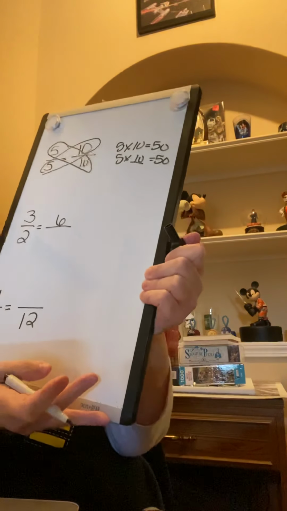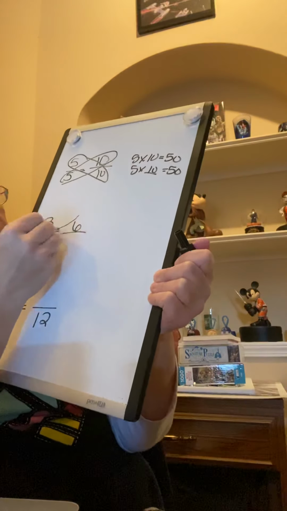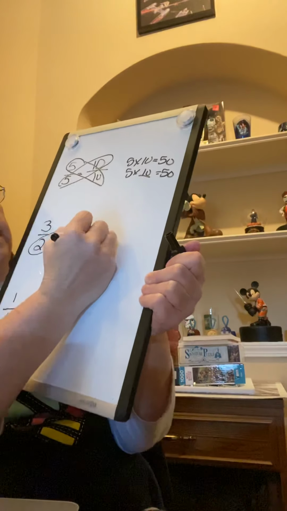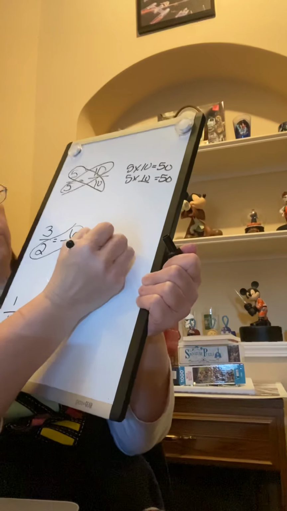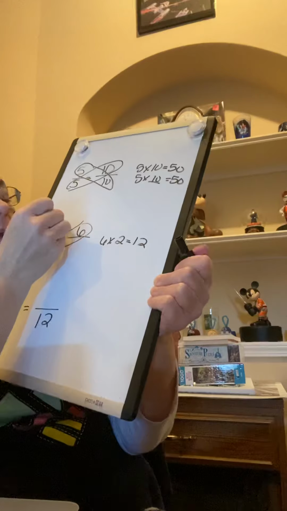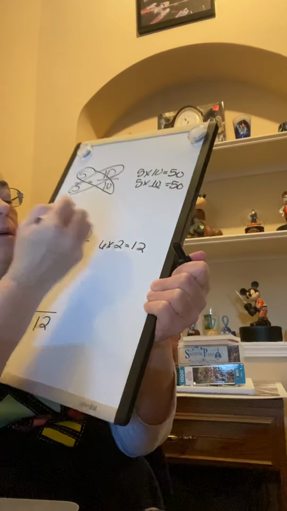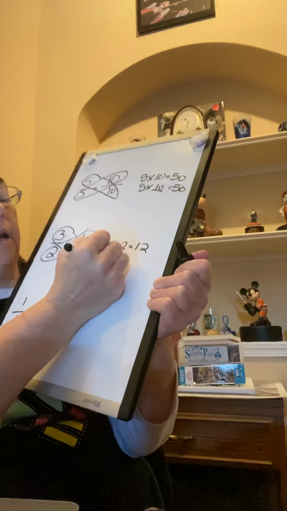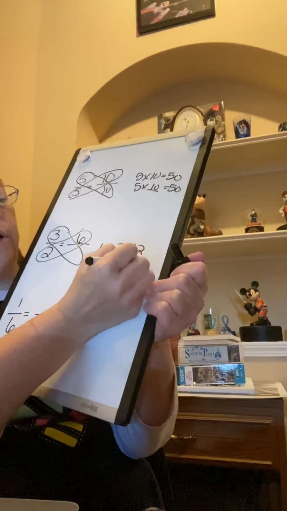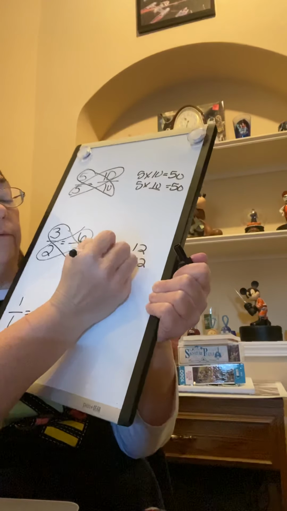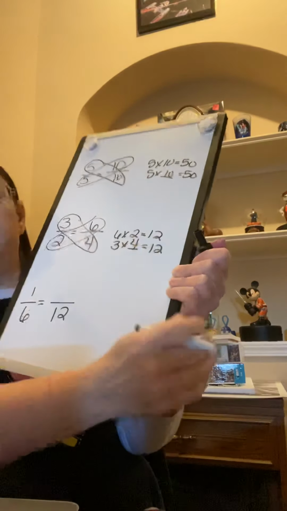All right, number 6. I butterfly this way. So this is 6 times 2 equals 12. And then I butterfly this way. And this is 3 times blank equals 12. 3 times 4. So 4 goes on the bottom.